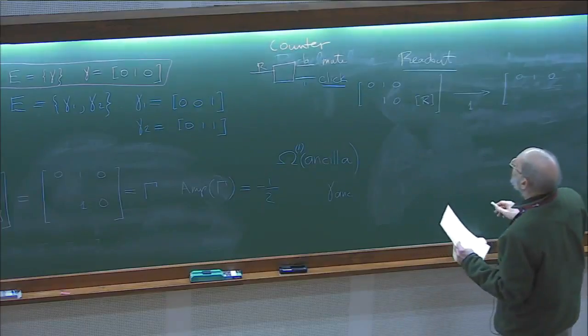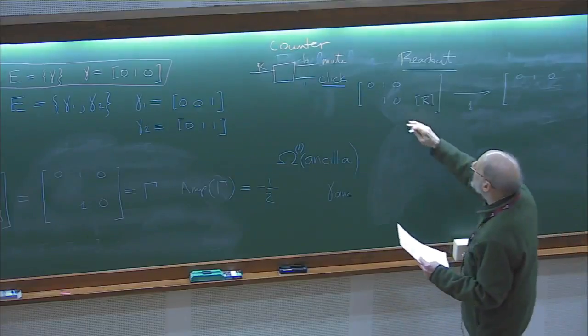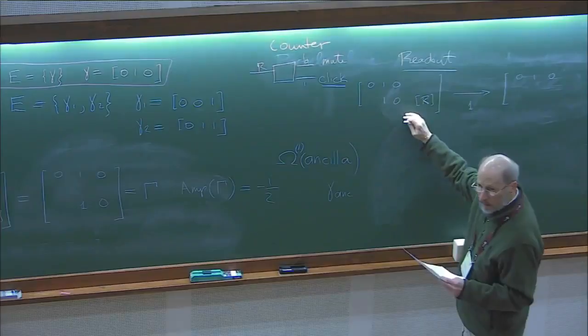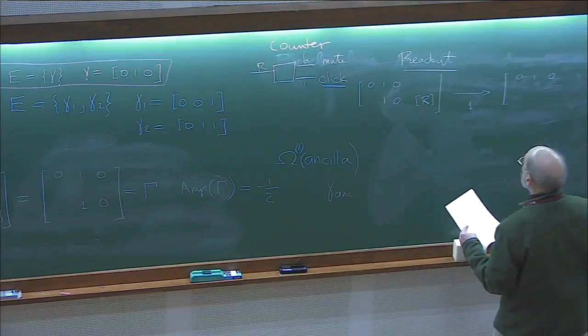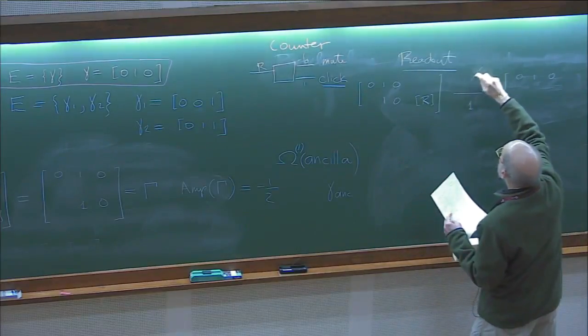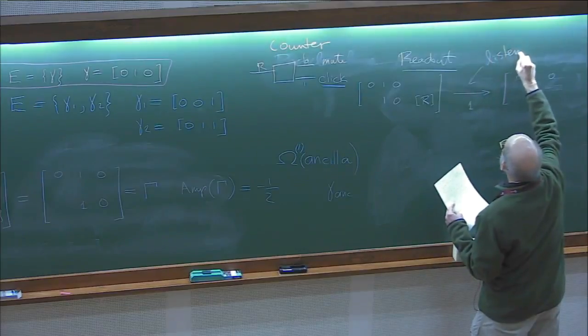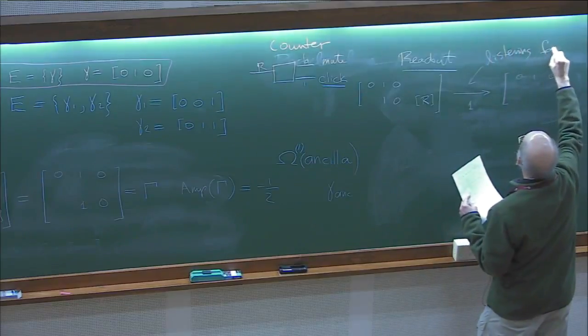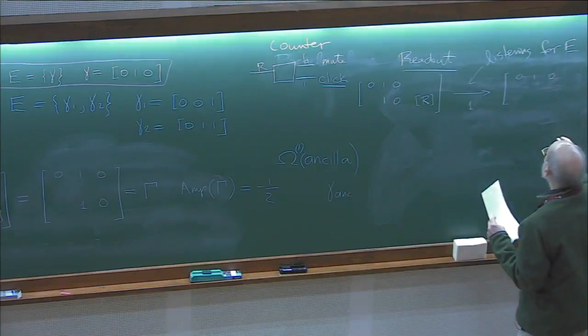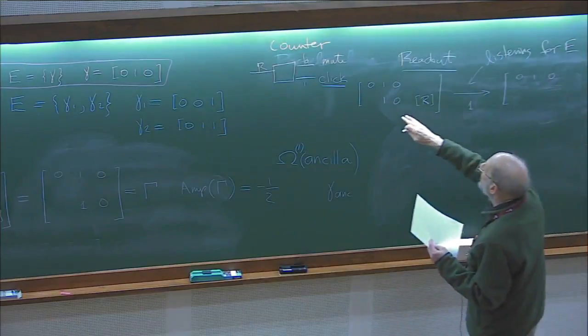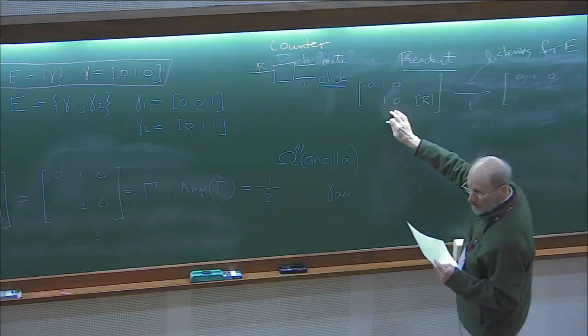It looks to see whether the history was in the event E or not in the event E. So that's what it's asking. In this stage, it's sort of, let's say, listening for the event E. So it looks at the history. The ancilla now has remembered the history.